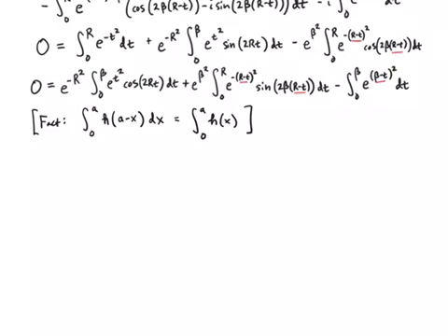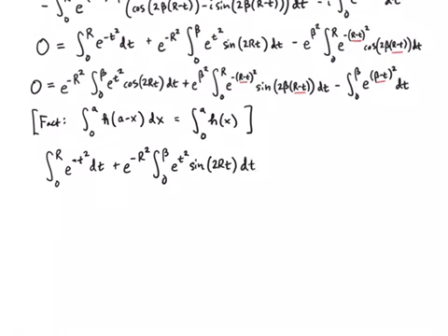So we can rewrite this information as integral from 0 to r of e to the minus t squared dt plus e to the minus r squared integral from 0 to beta e to the t squared sine of 2rt dt.